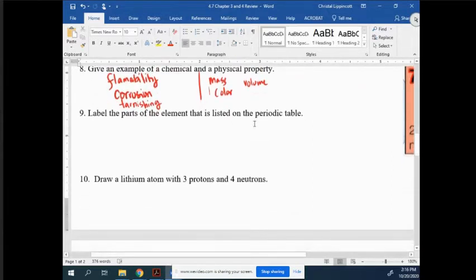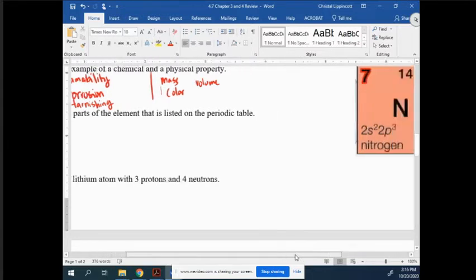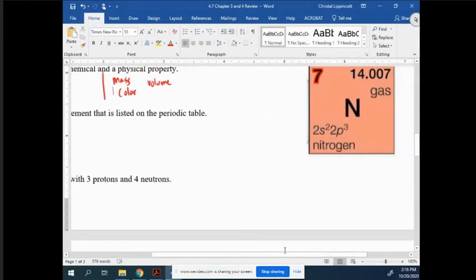List the parts of an element that is listed on the periodic table. So I believe that's in reference to this. This number right here is called the atomic number. That is also the number of protons. This is, of course, the name.